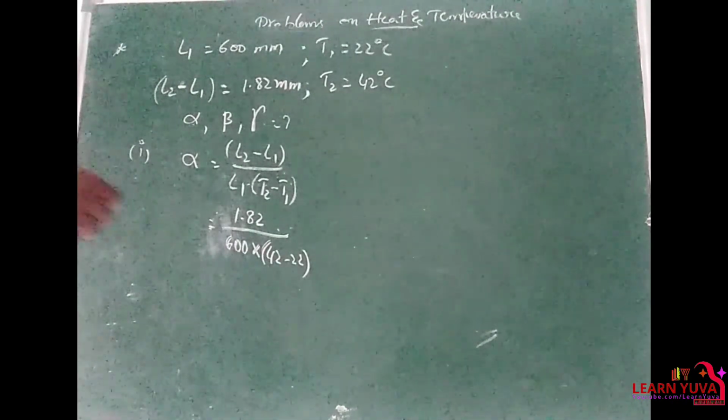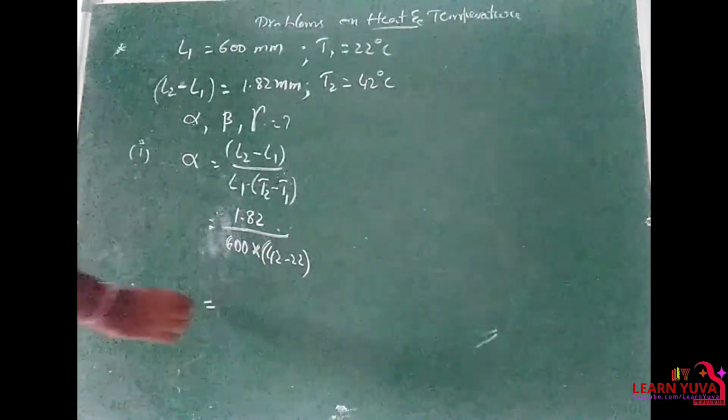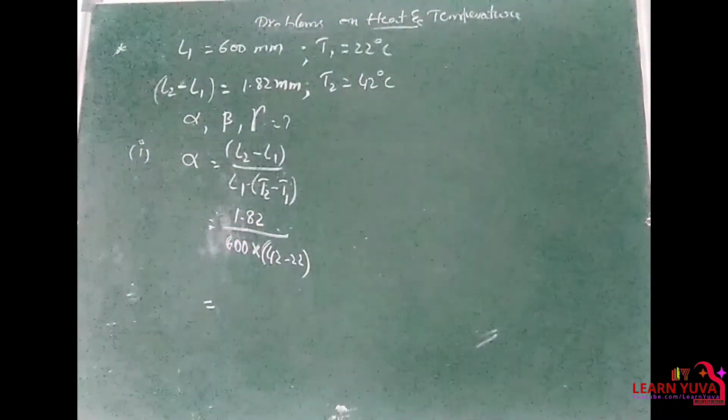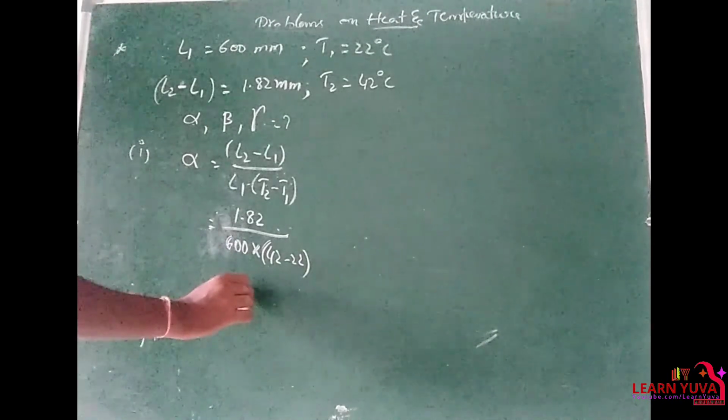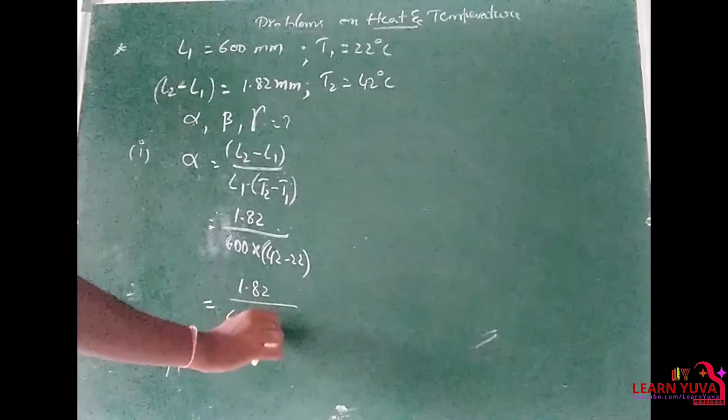So that is equal to 1.82 by 600 into 20.